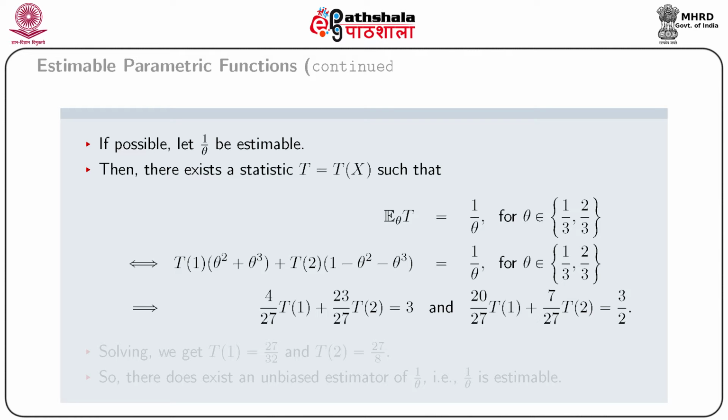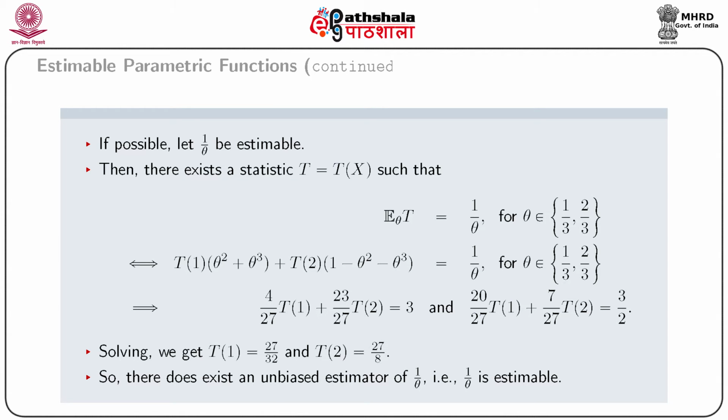Thus we get the following two equations: 4 by 27 into T1 plus 23 by 27 into T2 is equal to 3, and 20 by 27 into T1 plus 7 by 27 into T2 equals 3 by 2. Solving these equations, we get T1 equals 27 by 32 and T2 equals 27 by 8. Hence, there exists an unbiased estimator of 1 by theta. In other words, 1 by theta is estimable.